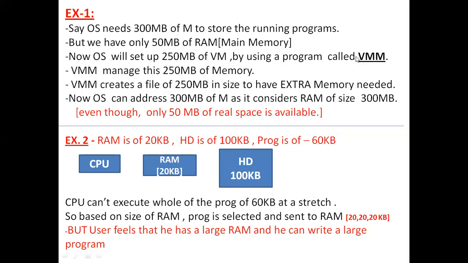The virtual memory manager will be able to create a file of 250 MB in size, so as to have the extra amount of memory needed for the operating system. So now the OS can assume that it has got a memory of 300 MB, hence the OS can execute its program.